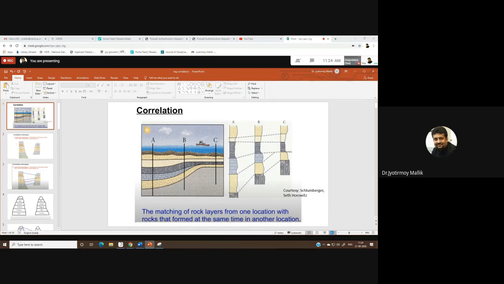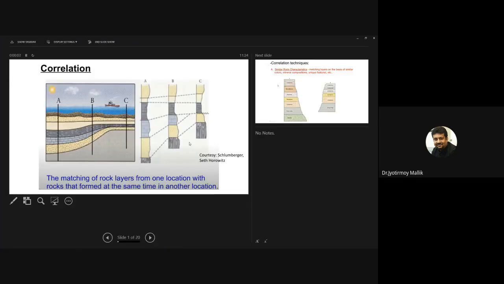Okay, and what correlation essentially means is identifying the rock units which are distantly observed. Okay? So I'll explain what I mean by that.